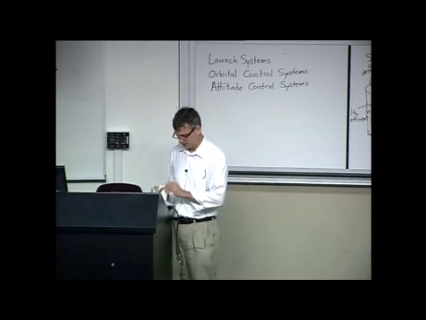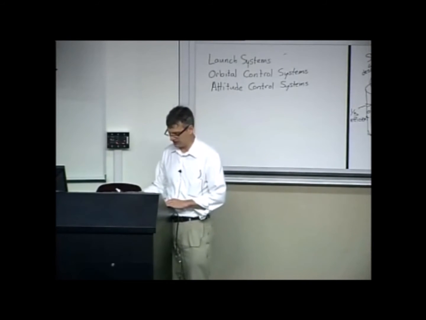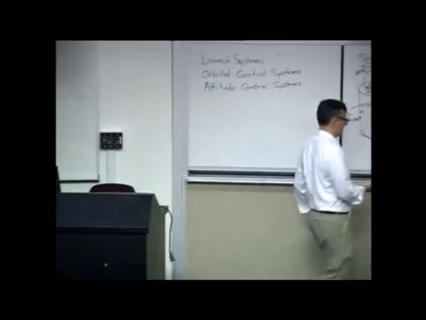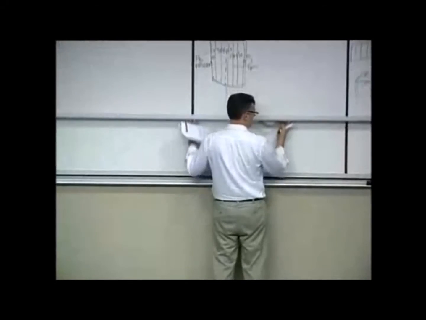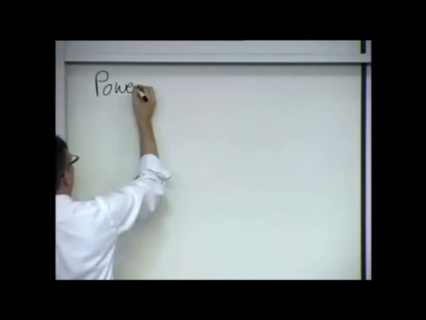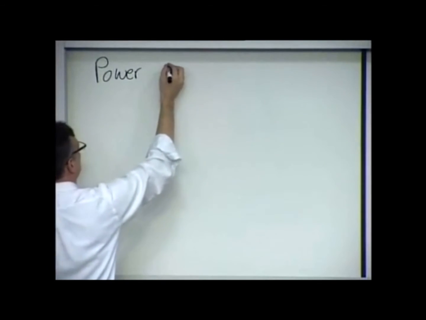Okay. Well, if there aren't any other questions about attitude control and launch systems, let's talk briefly about some of the options that are available to an engineer in terms of power systems. We're electrical engineers, and we often take it for granted, but we can't in space.